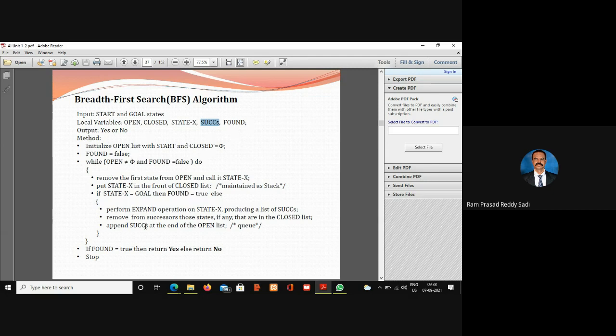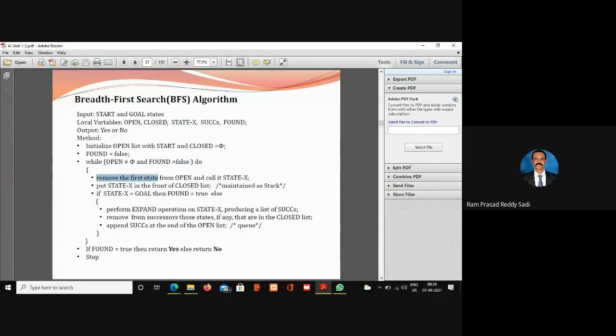So you have to run through the statements based on this condition. How long would you run through this? While open is not equal to empty, that means if there is at least one node left in the open, you continue. Open is not empty, and the state of found is false, you continue this process. So initially open has one node and found is false, so the process continues.